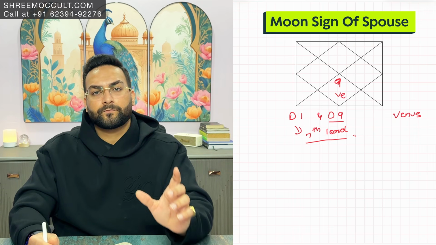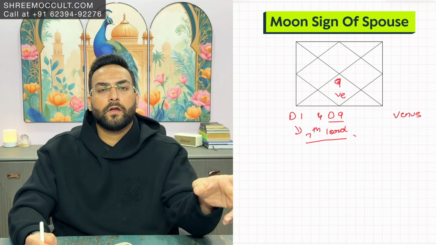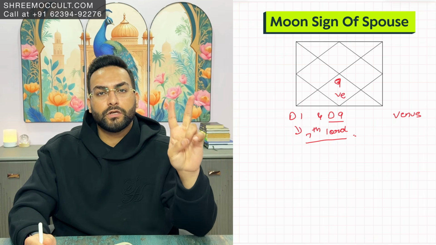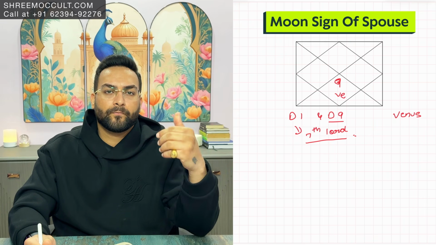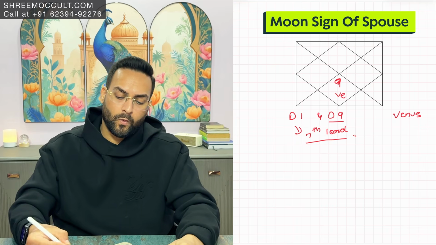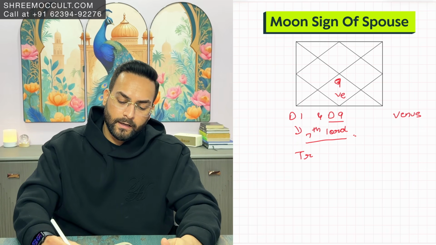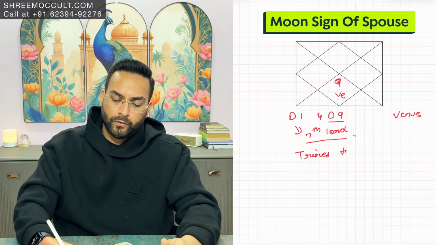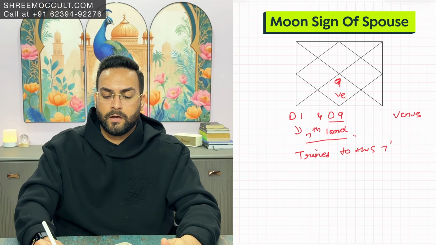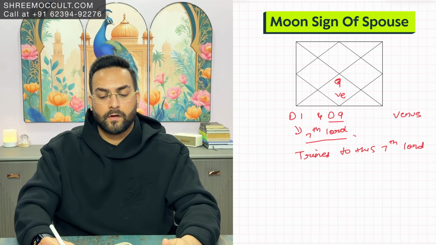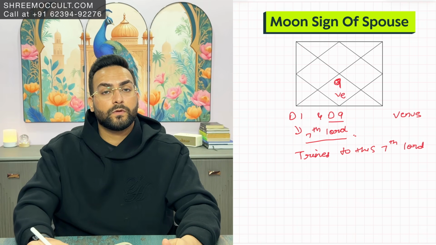Once you have found out who the seventh lord is, you went to D9 and found the location of your seventh lord. Now this is where it starts. You have to find the trines to this seventh lord. Here in D9, as per our example, it was sitting in Sagittarius, which is the ninth sign.